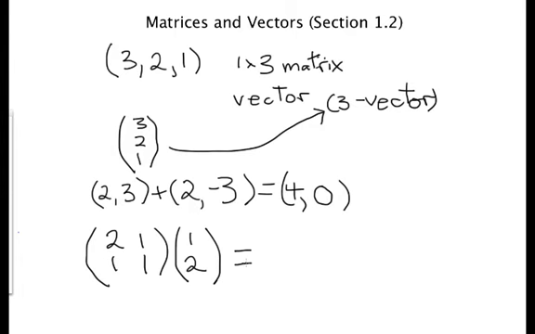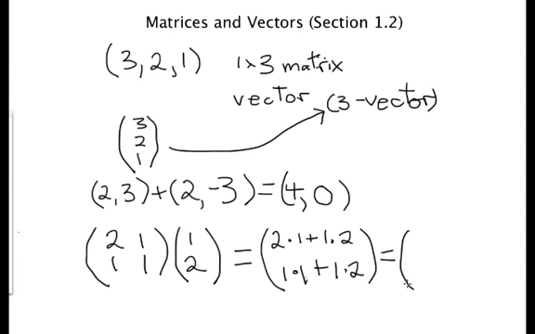This is going to be another 2 by 1 matrix, or that is to say another 2 vector, and it's equal to 2 times 1 plus 1 times 2, and 1 times 1 plus 1 times 2, which is to say 2 plus 2 is 4, and 2 plus 1 is 3.